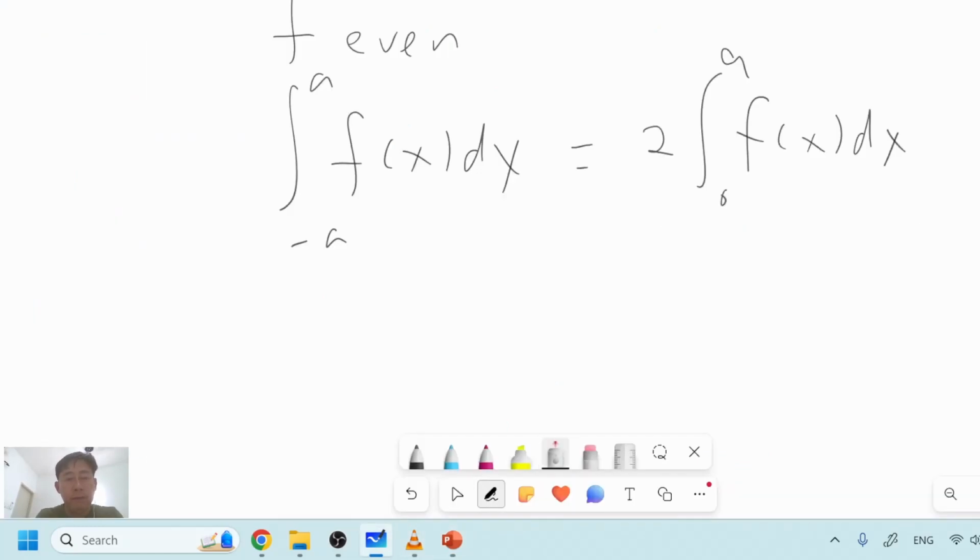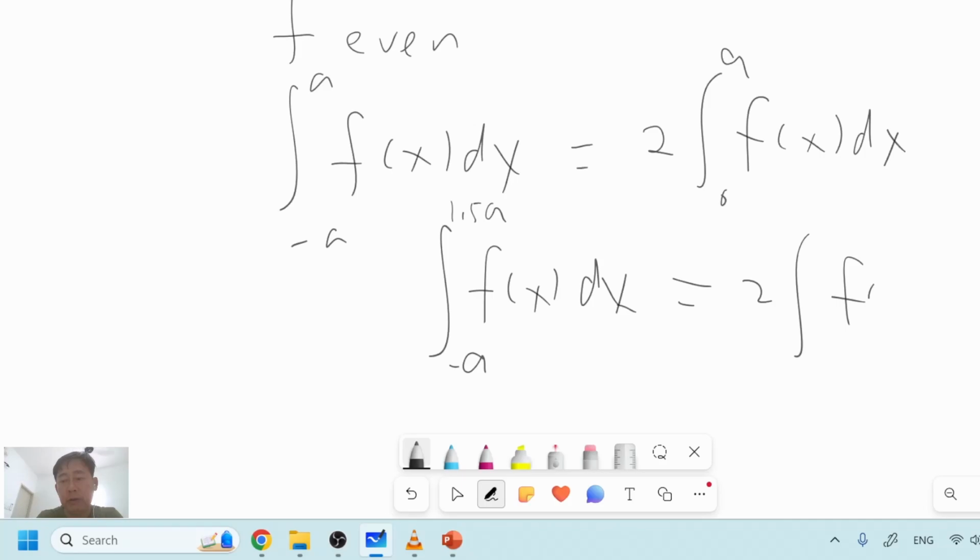The thing that you have to look out for is that the integration should be going from minus a to a. However, if you have a symmetric function that is going from, for example, a to 1.5a, then you cannot write this as 2 times the integration of f of a dA from 0 to a.